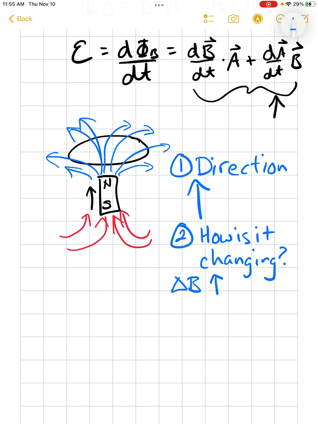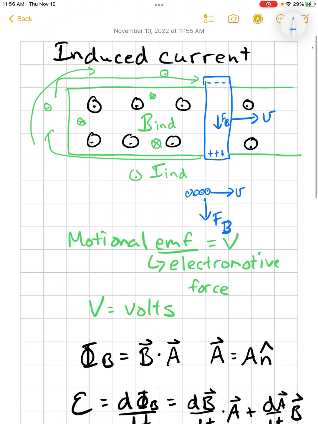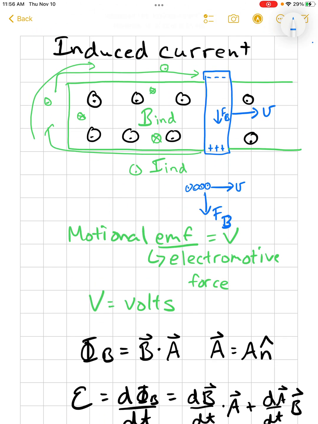Now, we're going to look at something that's going to oppose the change. So the big point of all this is magnetic fields don't like change, okay? So when that current is being induced, it's trying to oppose the change in the magnetic field. If we look back above, we can see what's happening there, right?